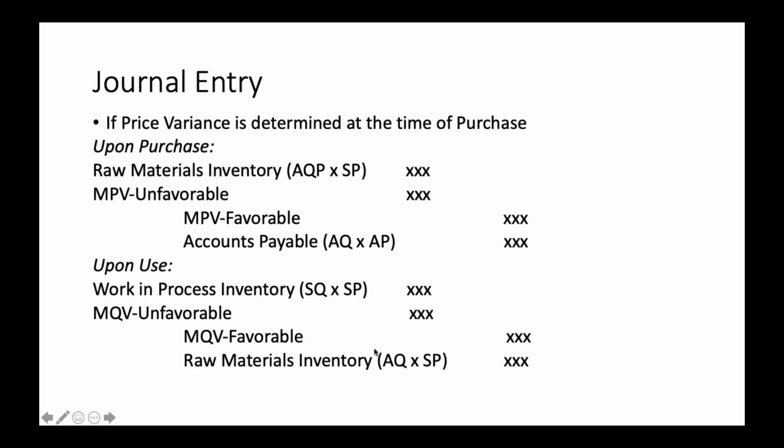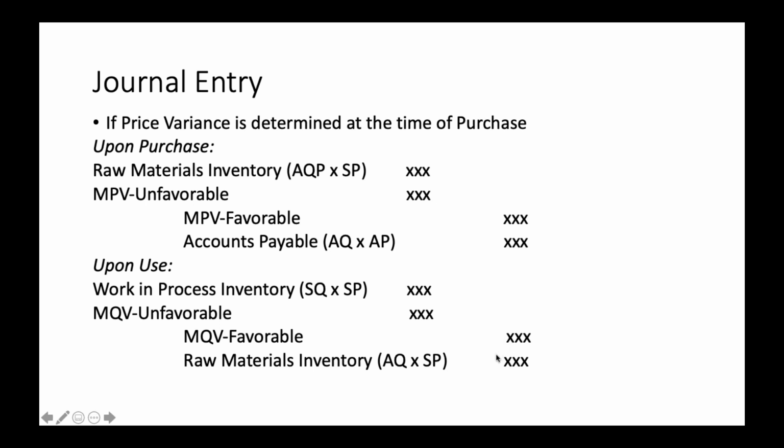But in our work in process, the debit should be on the standard quantity. Meaning, if we set to use, say, 10 units at 1 peso, that's the standard.